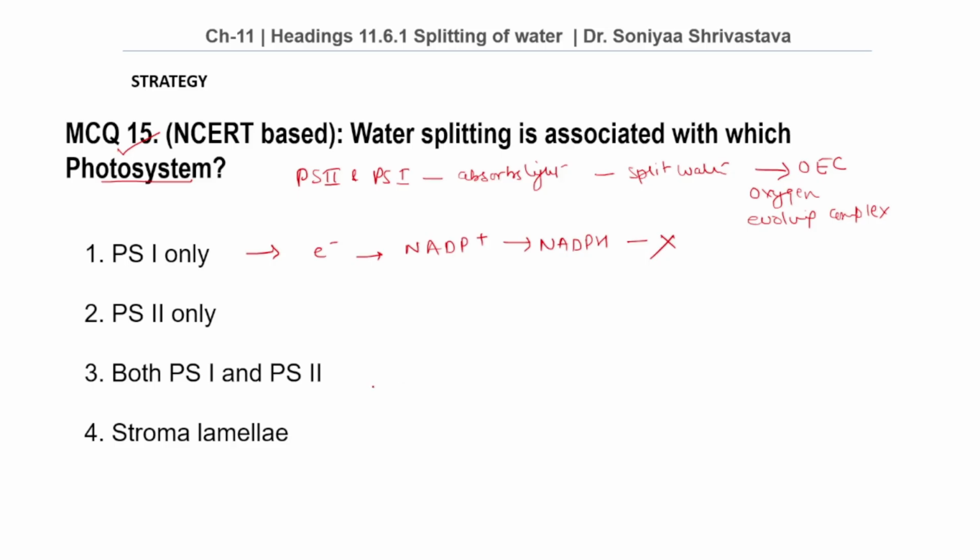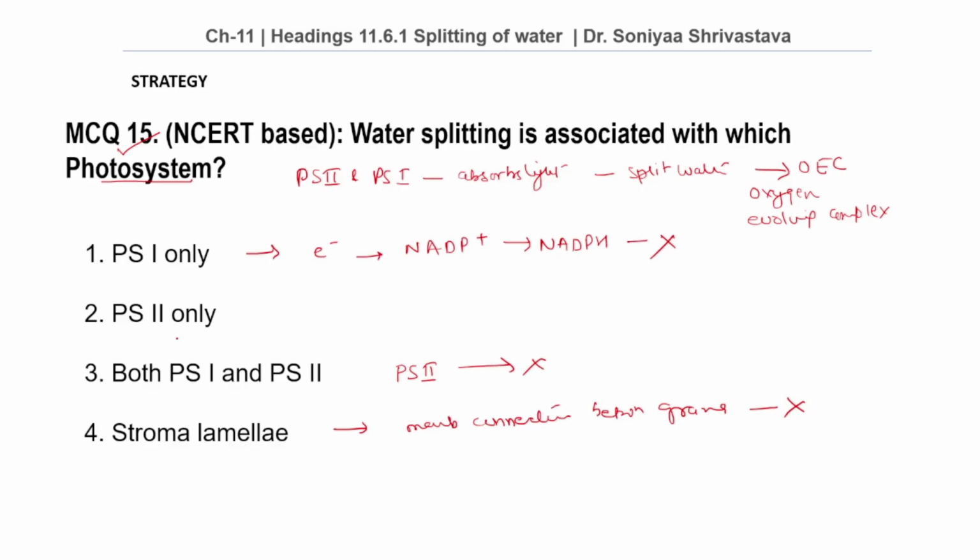This is a common misconception. Both photosystem absorbs light, but only PS2 can split water, not the PS1. So this is also the wrong option. Stroma lamellae is the membrane connection between grana. They are not the photosystem, so this is also the wrong option.